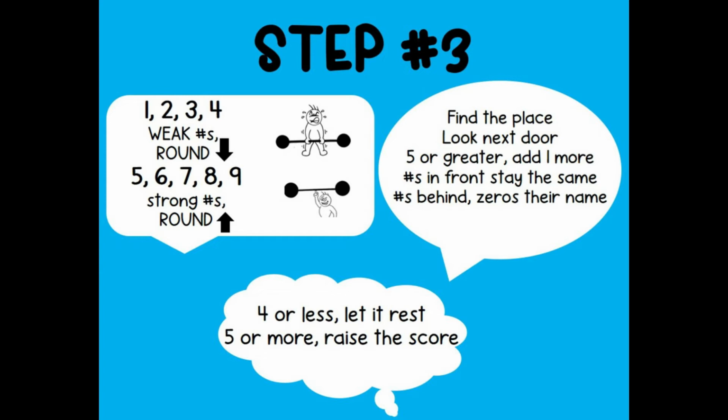And 5, 6, 7, 8, and 9 are strong numbers and you round up. Another saying is, find the place, look next door, 5 or greater, add 1 more. Numbers in front stay the same, numbers behind, zeros their name. And another saying is, 4 or less, let it rest, 5 or more, raise the score.